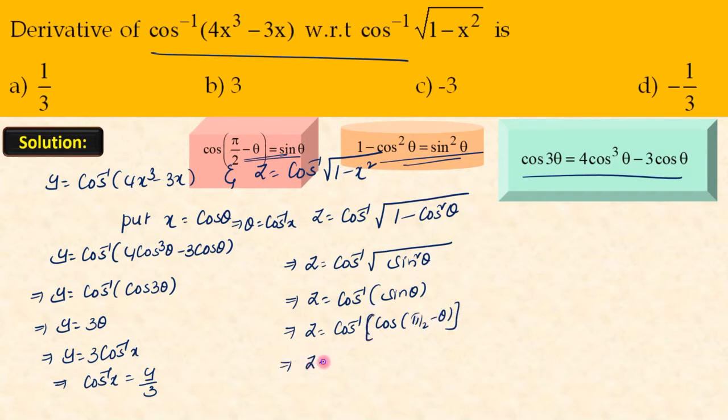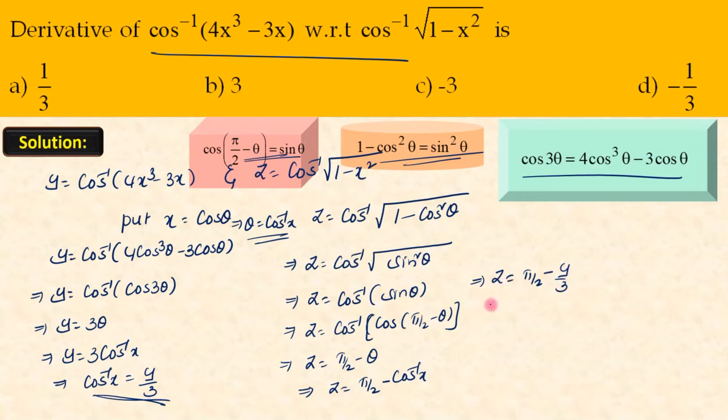This implies z is equals to, here cos inverse gets cancelled. We get pi by 2 minus theta. This implies z is equals to pi by 2 minus, here theta is cos inverse x. That implies z is equals to pi by 2 minus, from this cos inverse x is equals to y by 3.